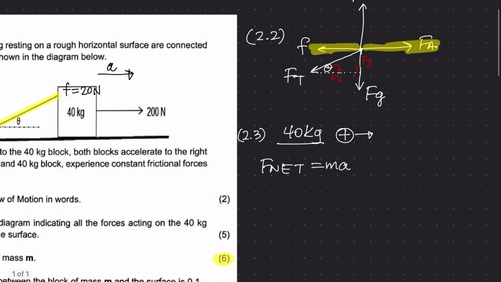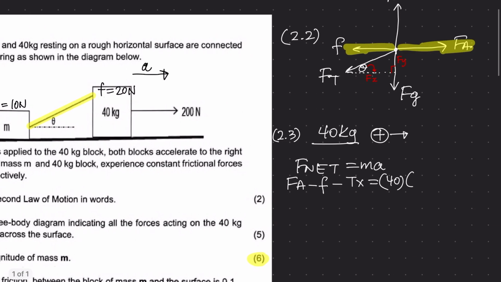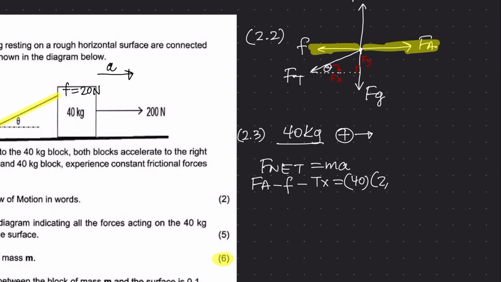So F net is going to be FA minus friction minus the horizontal component for tension, and that's equal to MA. So we know the mass is 40 kilograms, and they've given us the acceleration as 2.5 meters per second. Let's sub in the other values that we know. We know the force applied is 200.